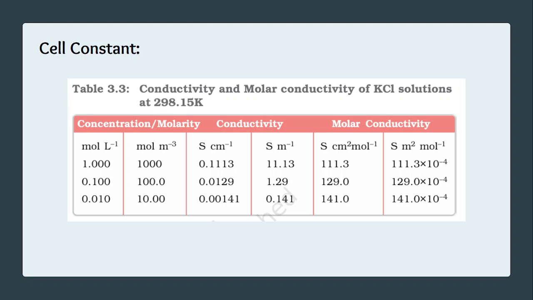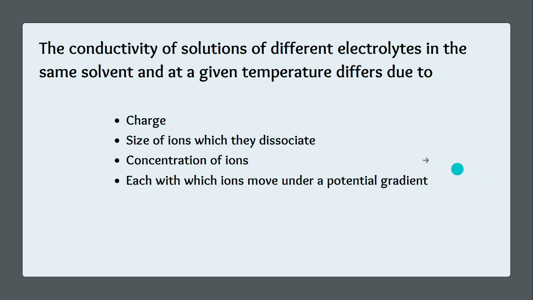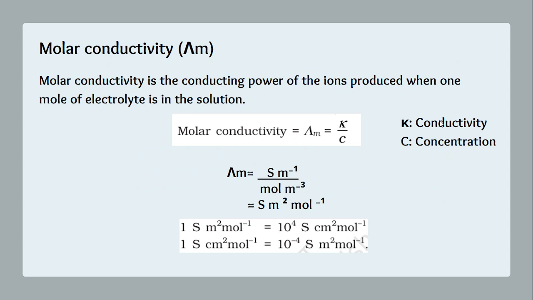Using that, we're able to calculate the cell constant. Because there are so many variations we're observing, we needed a new term called molar conductivity. Molar conductivity is given by conductivity divided by the concentration, and its units are Siemens meter square per mole.